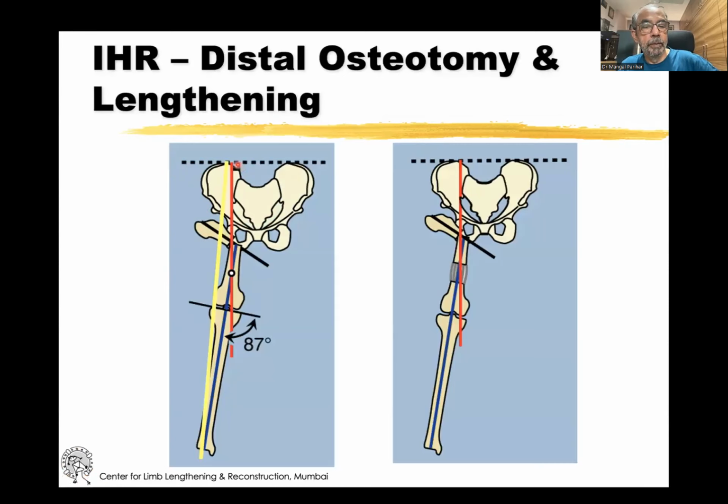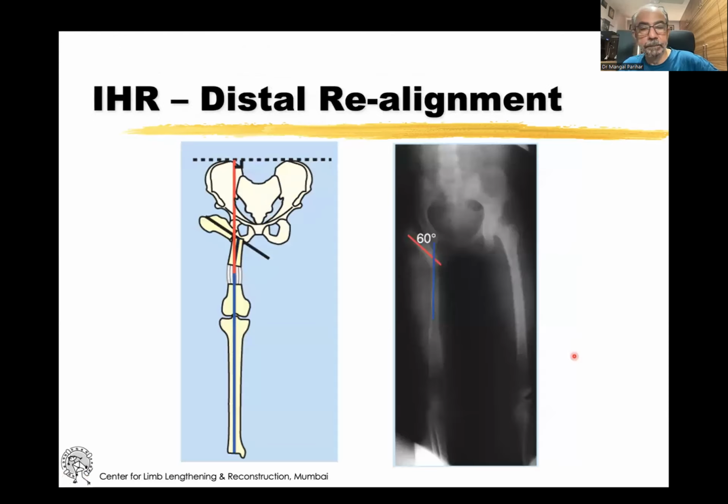Pelvic line, perpendicular to that, which passes through what used to be the acetabulum. That's the proximal axis. And ultimately this is what it looks like when you've completed the procedure in terms of lengthening, etc.